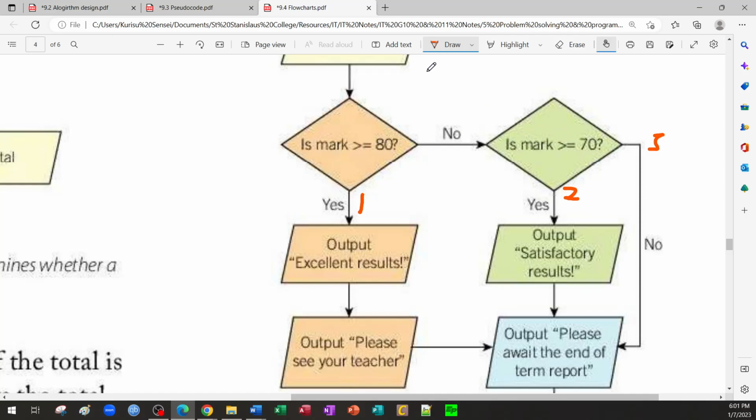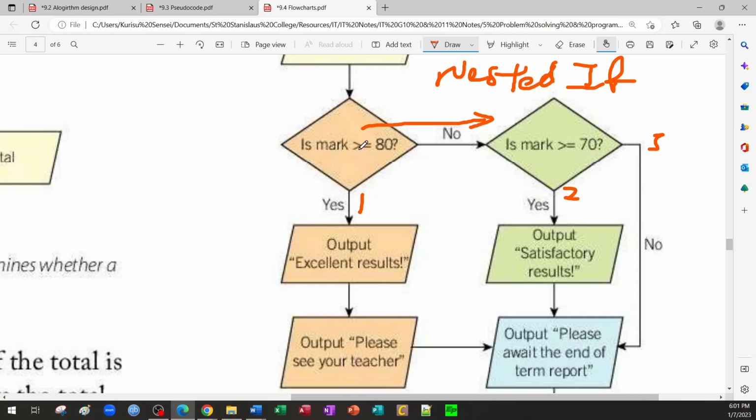And if you guys can remember, we did that in spreadsheet and we did that in pseudocode also. This is our nested if. So this is how we nest if together. So we question, is mark greater than 80? And if it is not, we can go to another test. Is it greater than 70 now?